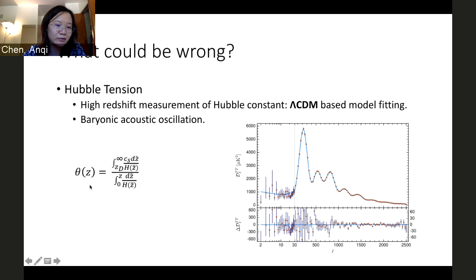Let me remind you, the angle corresponding to the sound horizon is the most model-independent, most concrete measurement we get from the CMB. So if you want to modify anything, you have to make sure you fix theta in your model.